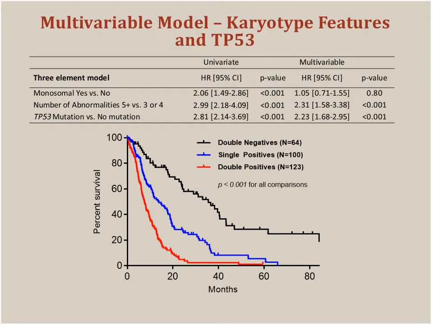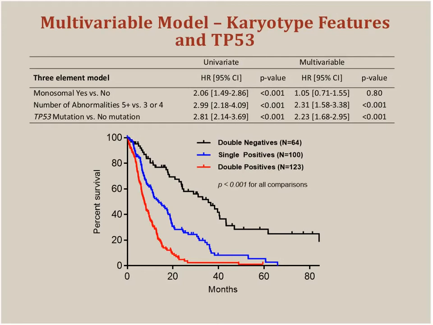But having more abnormalities, 5 or more versus 3 or 4, did have an influence on overall survival. Here's the hazard ratio, as did the presence or absence of a p53 mutation, again associated with a poor outcome.